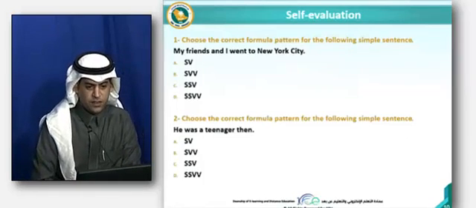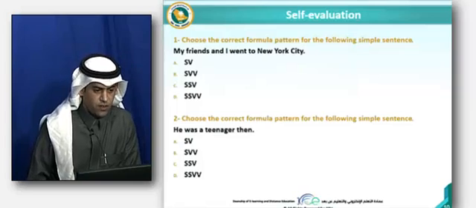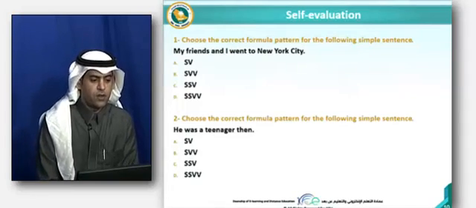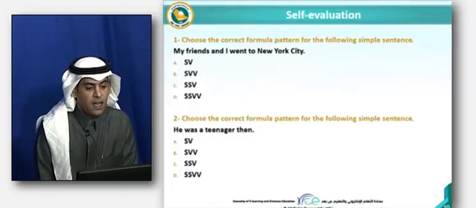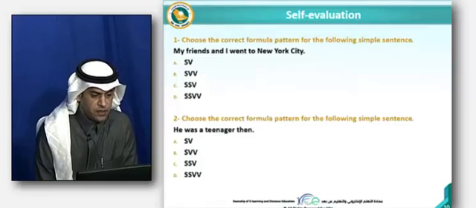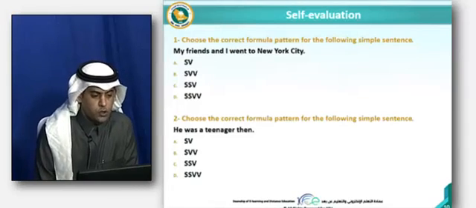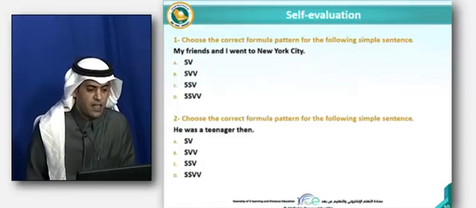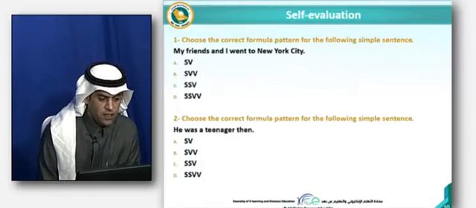As for the exercises we have here, the question is: choose the correct formula pattern for the following simple sentences. My friend and I went to New York City. Here we have two subjects and a verb. My friend and I are the two subjects, and the verb is went.